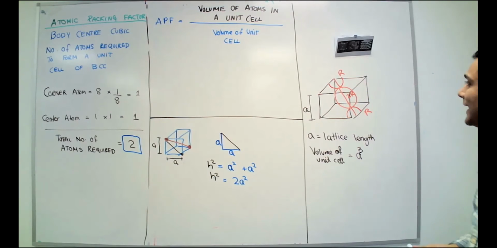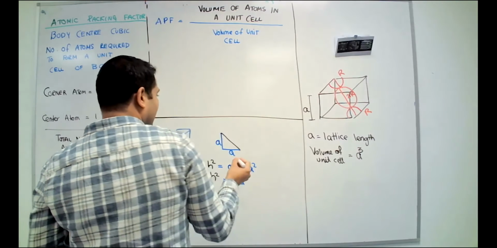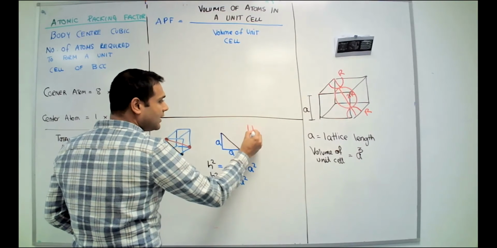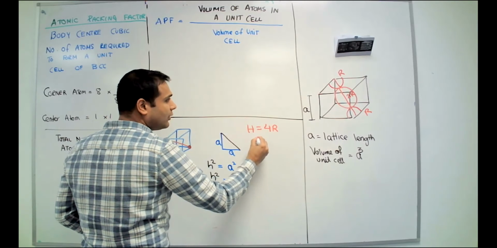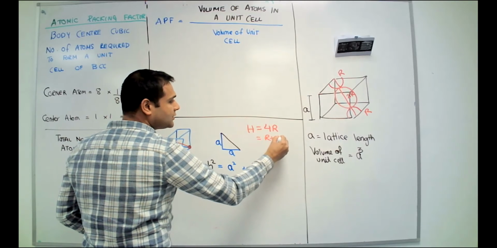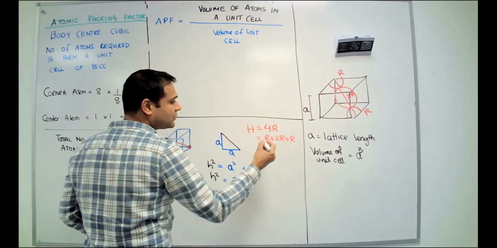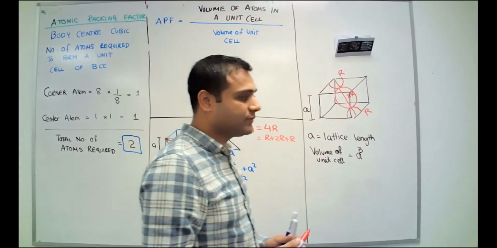So the total length of a body diagonal, I call this body diagonal uppercase H. Did I say 2R? 4R, sorry. Why 4R? Because R plus 2 radius plus another radius. So the body diagonal is 4R.